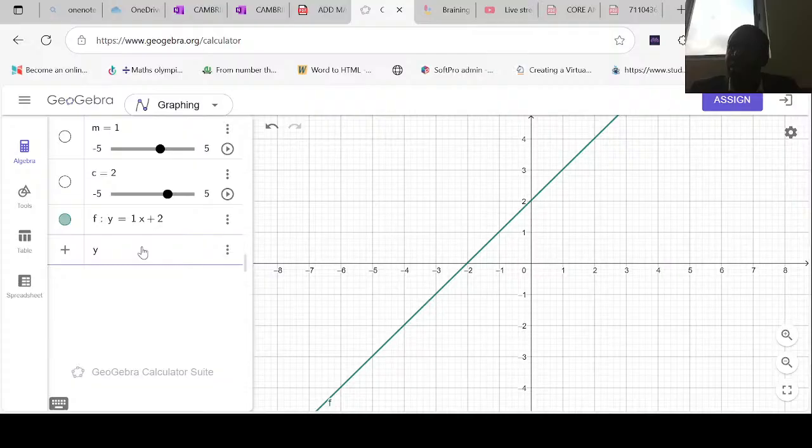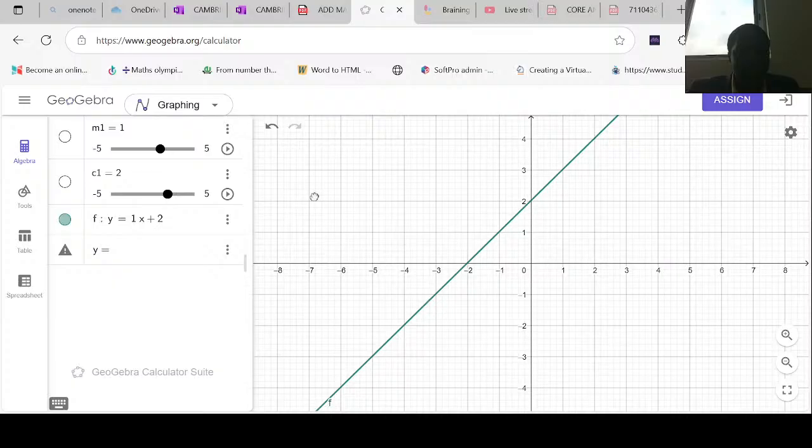Then I can change my m and c. Let me use m1 and m2 to make this clearer. The goal is to make math live and interesting, in the sense that you actually see that this thing is not as hard as you think. So I'm using m1 and I'm going to use c1.